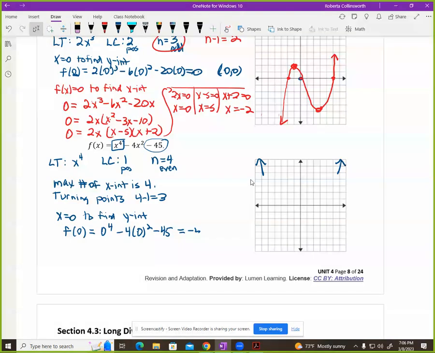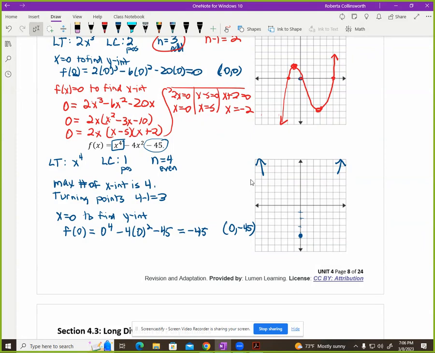So this is going to be -45. If I count by 5s, 5, 10, 15, 20, 25, 30. Nope. If I count by 10, 10, 20, 30, 40, 50, -45 is right there. So I have 0, -45.